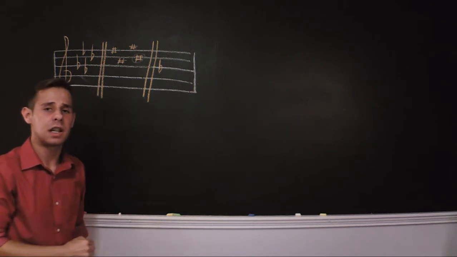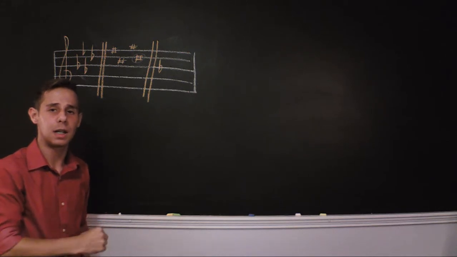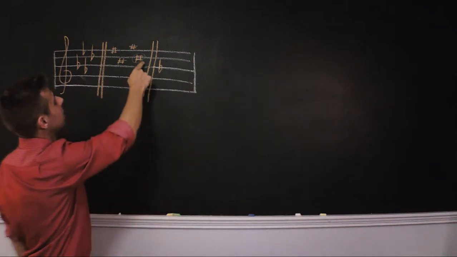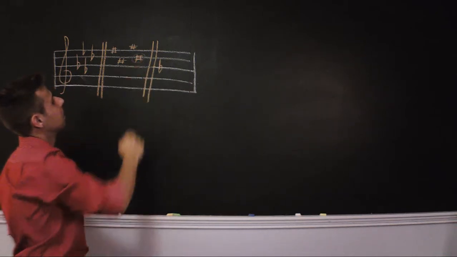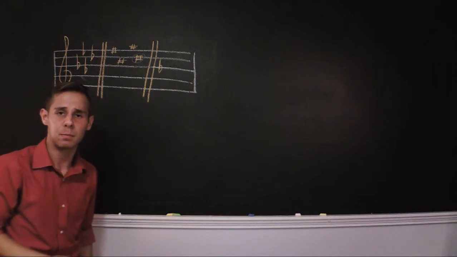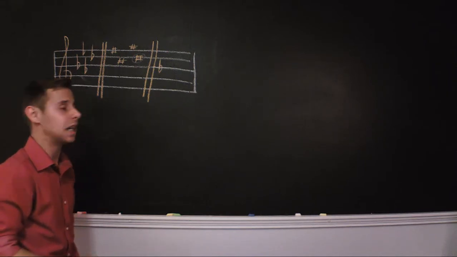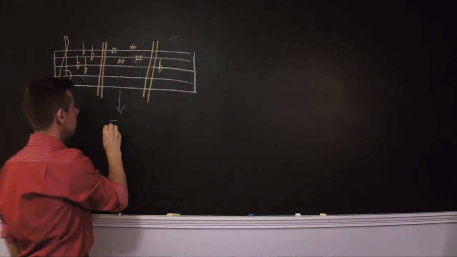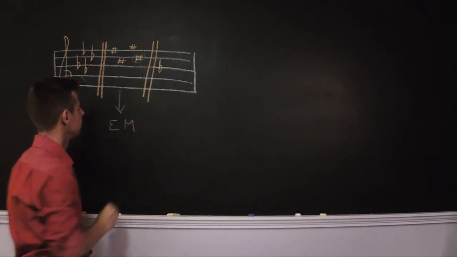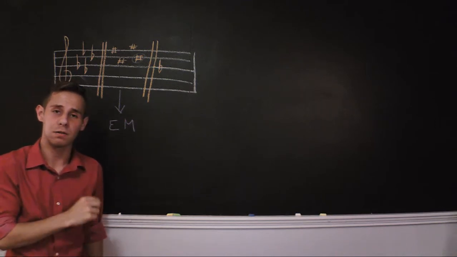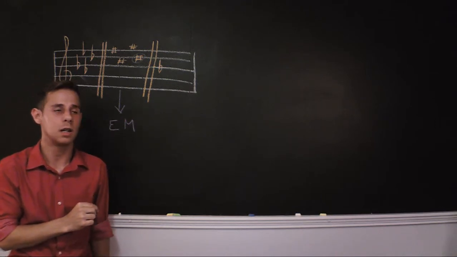And we know that degree 7 in a major scale is 1/2 step below tonic, or the root. So all we have to do is look at this note, and this is a D sharp. And 1/2 step above D sharp, if you're looking at a keyboard or have a keyboard visualized, is E. So this is either E major, or its relative minor, and we will get into relative and parallel minor in a bit.